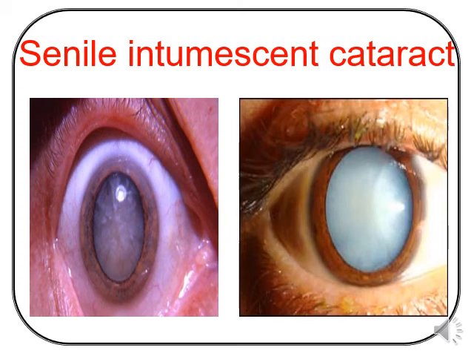Some lenses may absorb water, so the lens gets swollen, pushing the iris forwards, and the anterior chamber becomes narrow. The absorption of water causes the lens to acquire a glistening white color.